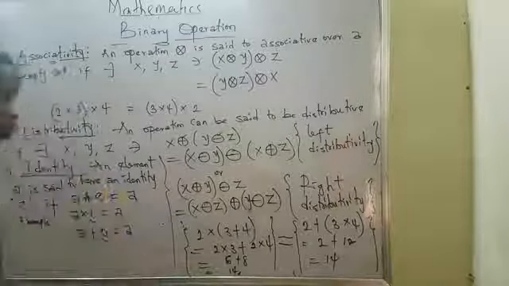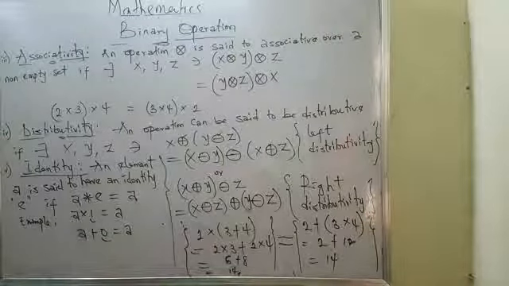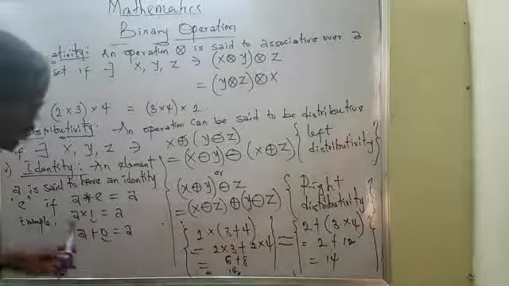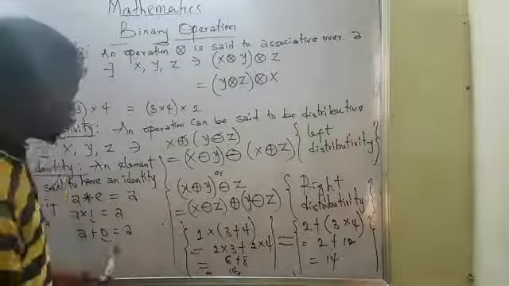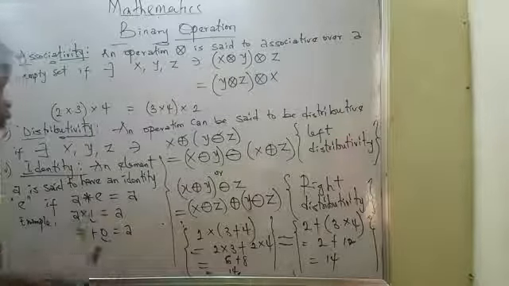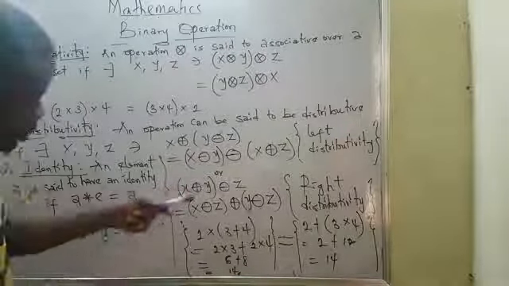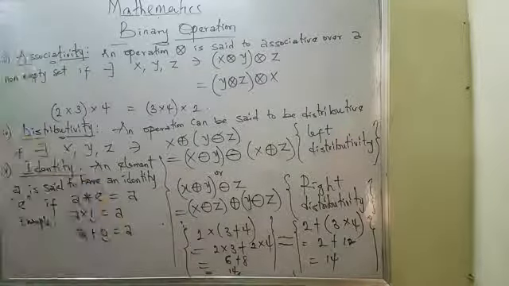Just like I said for commutativity, that we have additive commutativity and multiplicative commutativity, we also have additive identity, which is 0, and multiplicative identity, which is 1. Without your identity, you cannot have the next property, which is the inverse property.